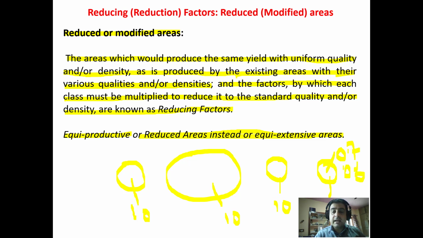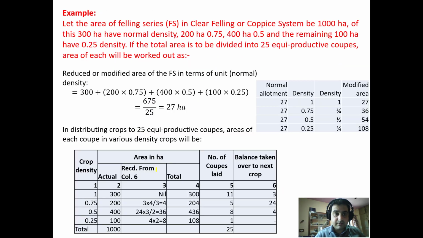That is why it is giving you less yield, or is having less growing stock. So here the areas are equi-extensive, having equal areas, but they are not equiproductive. Here the areas are equiproductive but not equi-extensive. So we need to adjust the areas based on their densities. Let's try to understand this in the next slide.